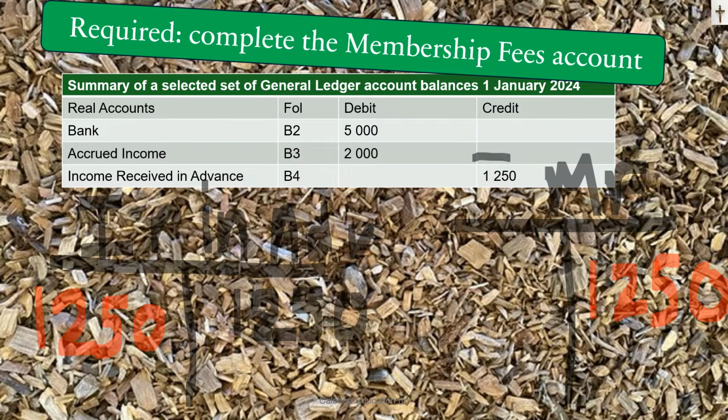The next adjustment is income received in advance. Here it is, scribbled in black over there. Income received in advance had a credit balance of 1,250. I need to bring this income received in advance into the current year in the membership fees account. So we debit income received in advance and we credit membership fees.